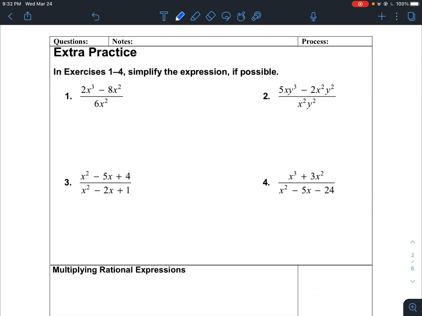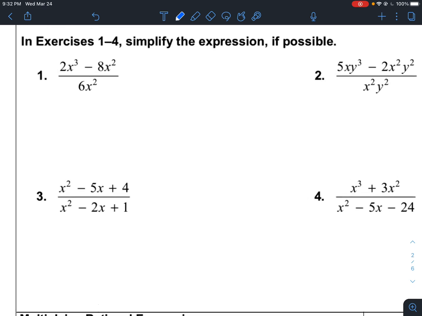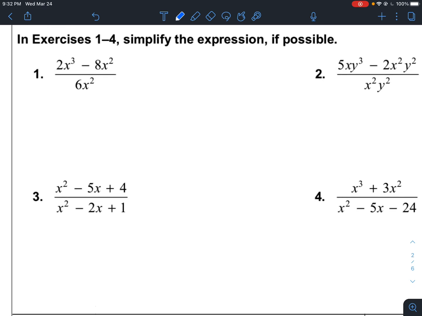So here are some practice problems that you guys could go over. I can probably go over one or two, so let's look at number 1. For number 1, just factor what they have in common. The numerator isn't a quadratic like we had up here.